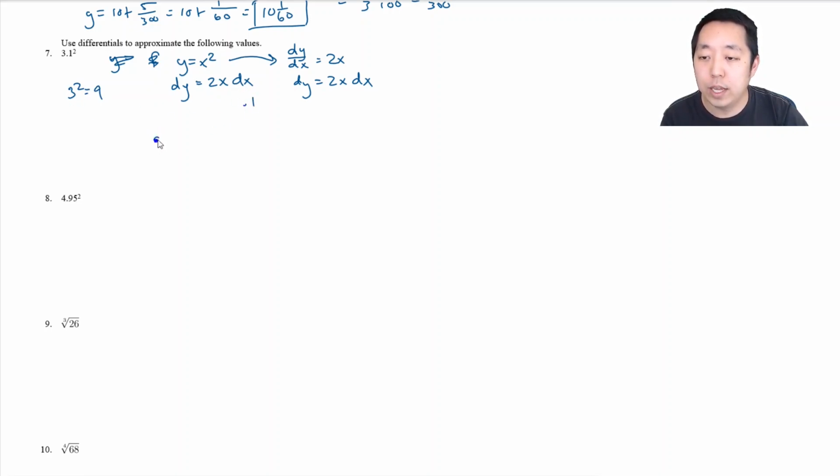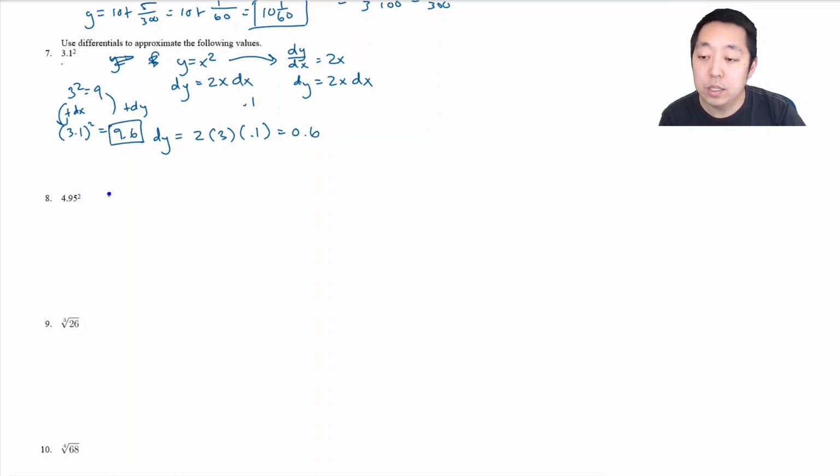What is dy? At x equal to 3, dx is 0.1, because I'm going from 3 to 3.1. So this is 6 times 0.1, or 0.6. And so that means if my x changes to 3.1, adding dx here, I'm going to add dy to this side. My y is going to go plus 0.6, so 9.6.